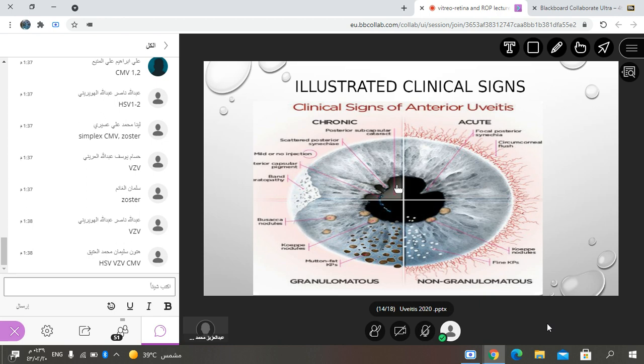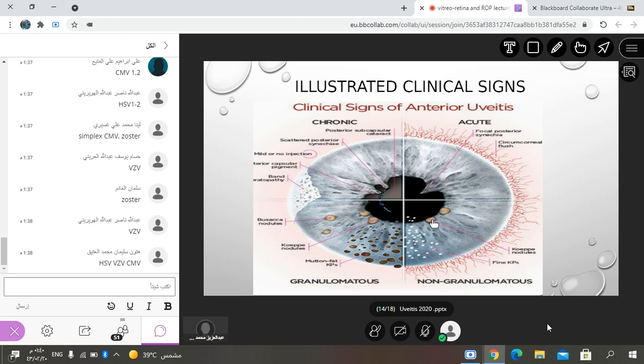So the fibrosis can happen in the early stage or later in the chronic stage. The synechia is attachment of the iris to the lens. In this scenario, we call it posterior synechia. If the iris is attached anteriorly, this is anterior synechia. This is a ciliary flush or ciliary injection or perilimbal injection.